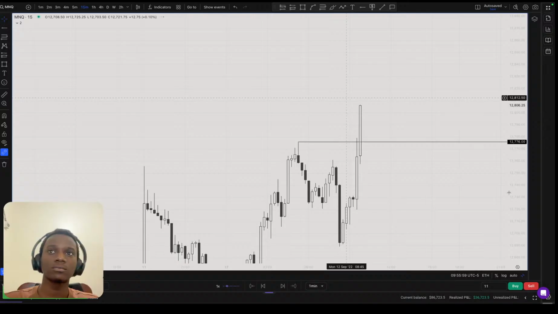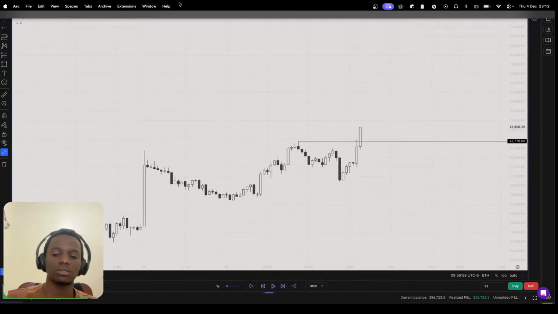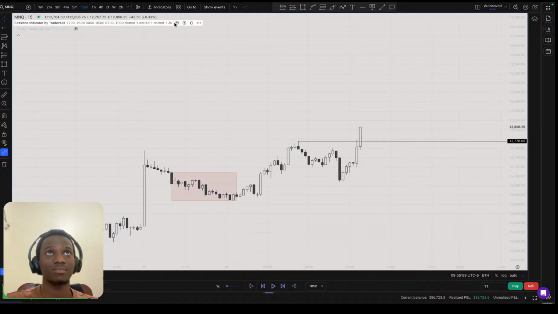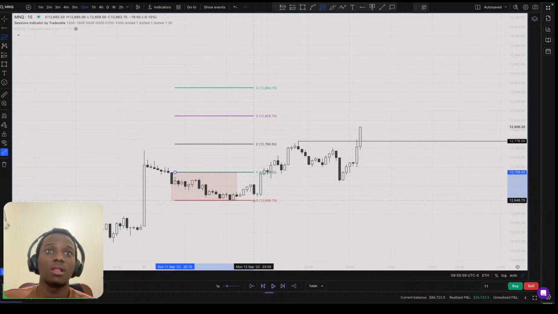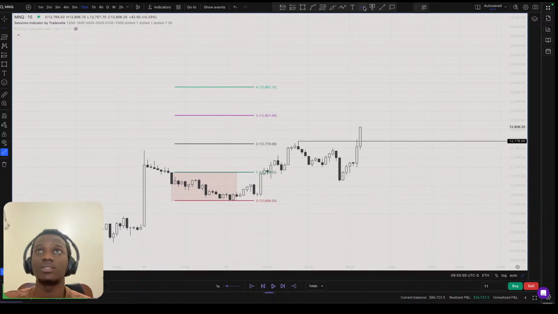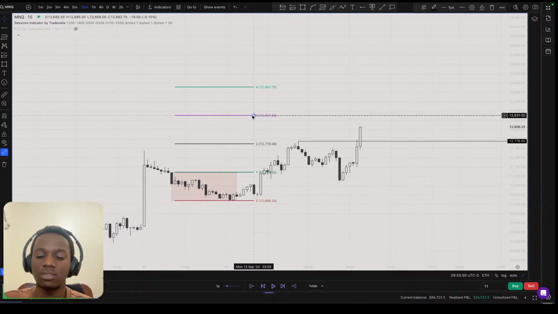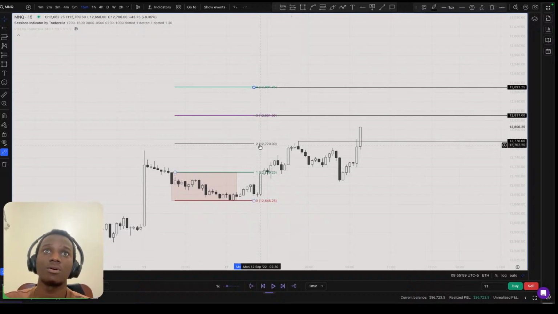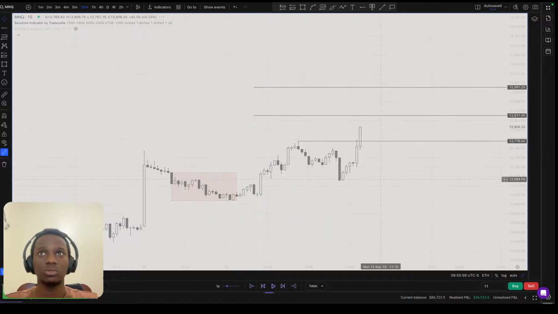So let's use the standard deviations now. Let's see how they react, if they show us anything actually. We're very close to the third and the fourth.